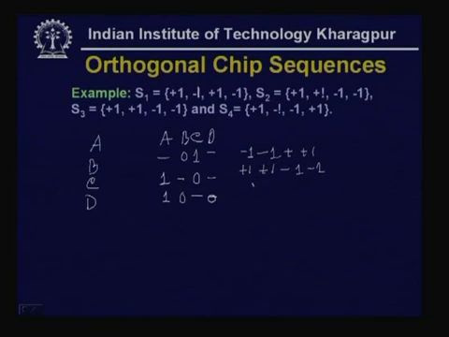So if you add them, it becomes 0, 0, 0, sorry, this is 0 and this is minus 1, minus 1, minus 1, so it becomes plus 1, plus 1. I think there is something wrong in this, these two cannot be same, S1, S2, S3 and S4.